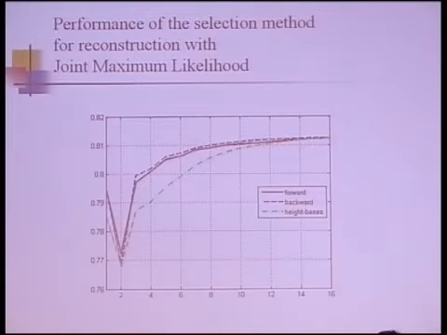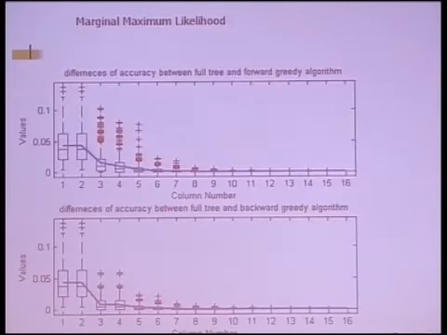This is for the marginal maximal accuracy, and the performance is quite similar. This is the difference of the accuracy between the reconstruction using all the leaves and using the leaves selected by the method.